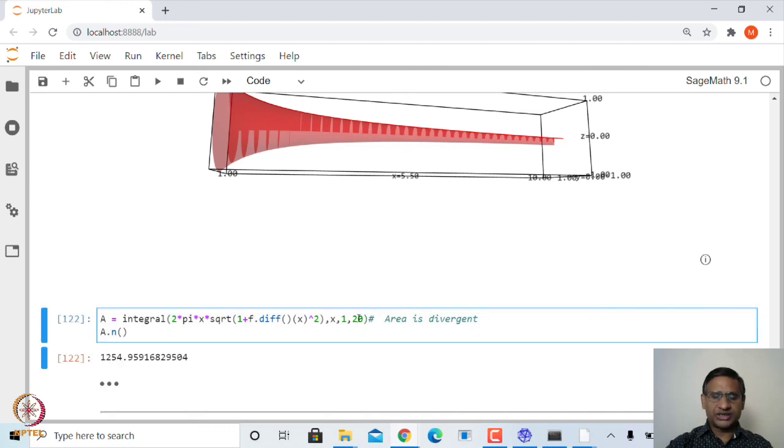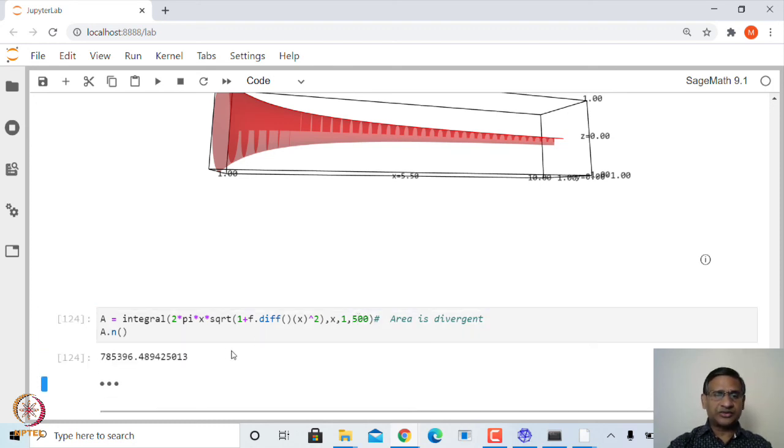If I go up to 50, this has become 8752. If I go up to 500, and if I go up to 5000, you can see this is becoming very large. So, the surface area is increasing, whereas what happens to the volume?